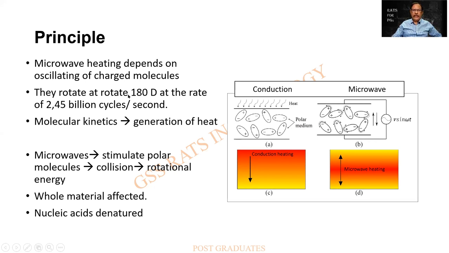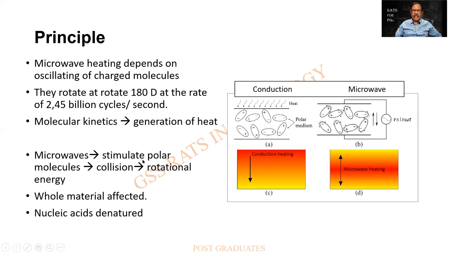They rotate at a tremendous speed of 2.45 billion cycles per second. And a great deal of energy is obtained when it rotates for about 180 degrees. Molecular kinetics is the basis for the generation of heat. This alone you shall remember.